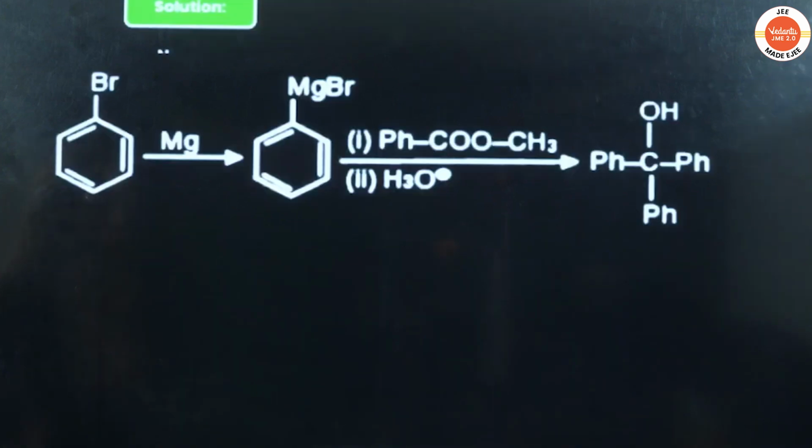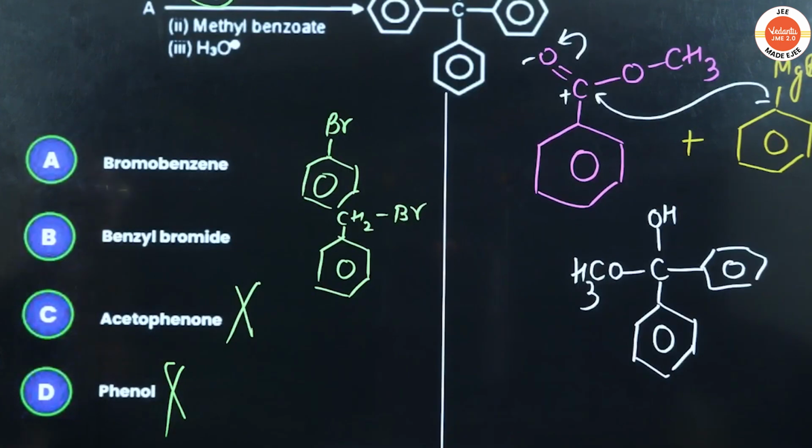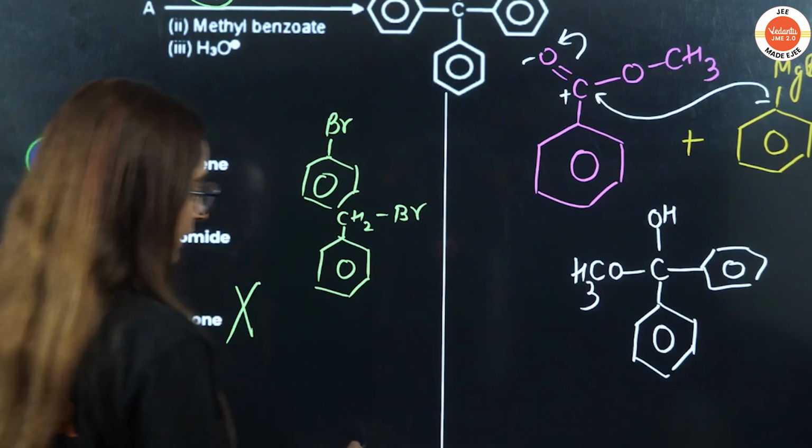So here CH3, Ph, it should be phenyl benzoate here. Only then you will be able to answer this, right? So there's a little mistake here, what I can see, right? Even more hydrolysis we are doing now. Okay, do one thing here.